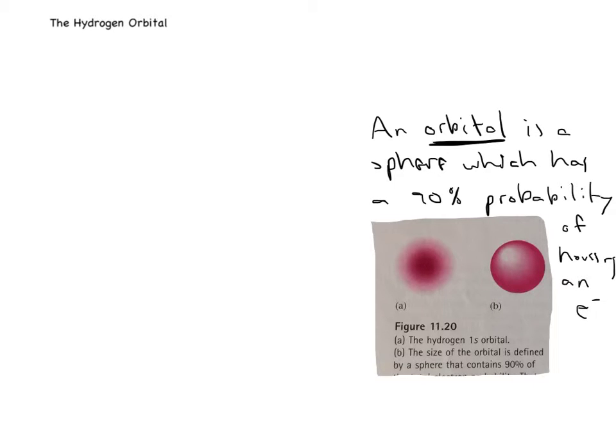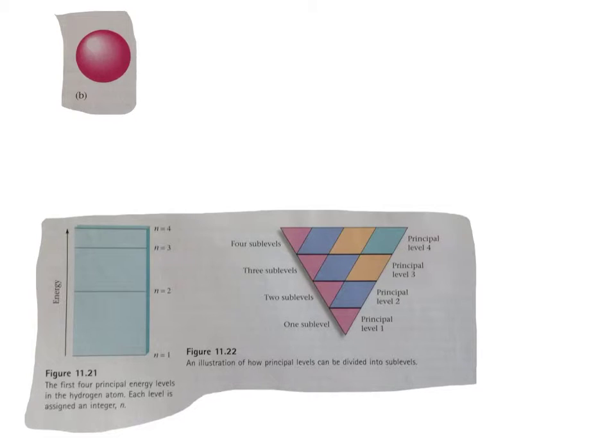Now, there are different types of orbitals, and that's our next topic. So the orbital we just were talking about is spherical, and it is what is known as an S orbital. But it turns out that if we look at an atom, any atom, but especially hydrogen, that there are levels.